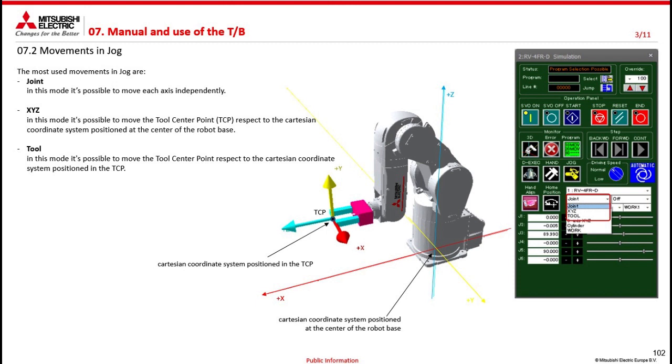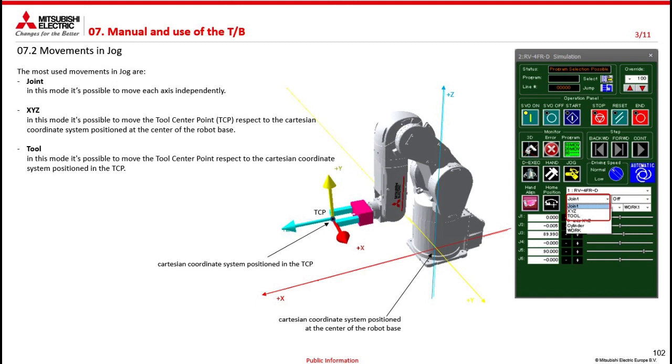In the Cartesian mode, it is possible to move the robot's grip point, which we will call the tool center point, with respect to the Cartesian triad positioned at the center of the robot base. In the tool mode, it is possible to move the robot's grip point with respect to the triad positioned natively in the TCP.